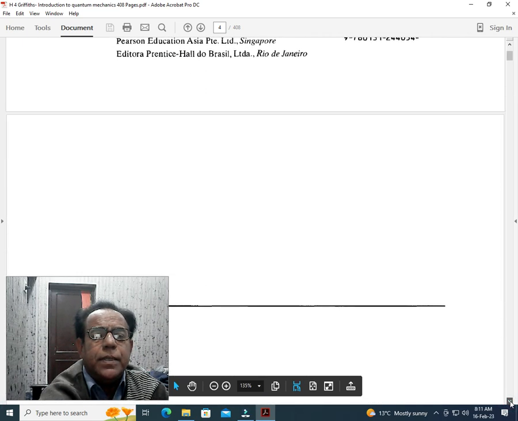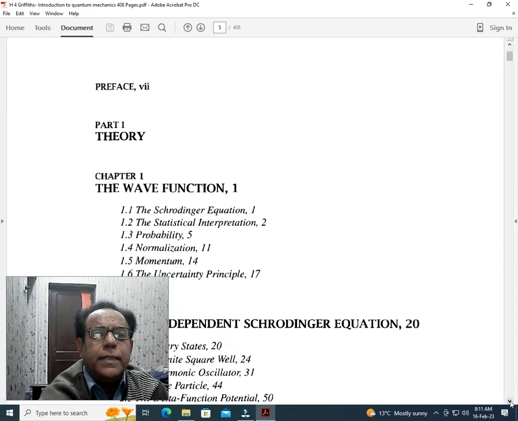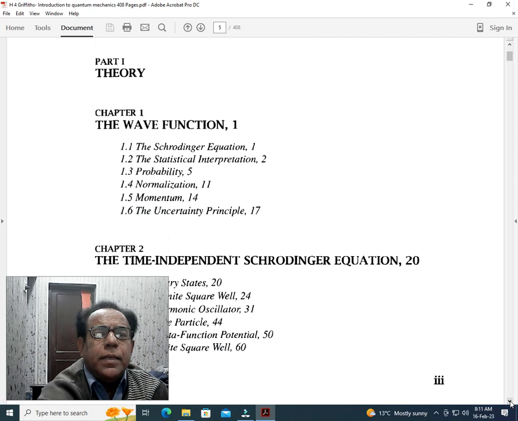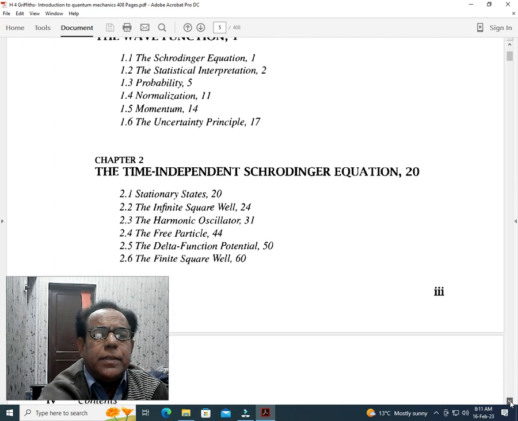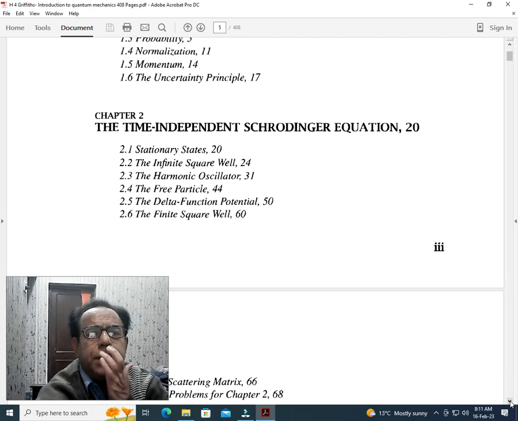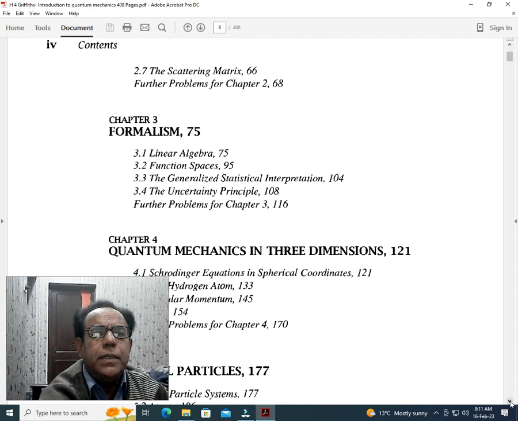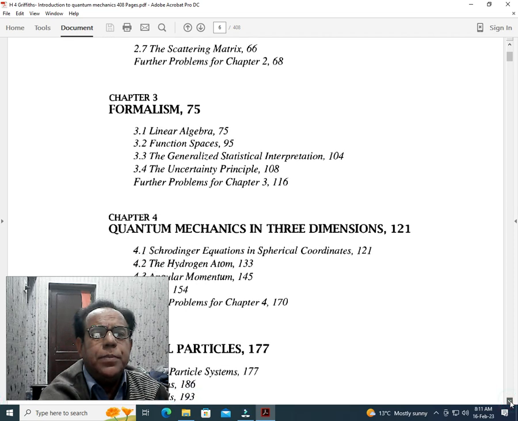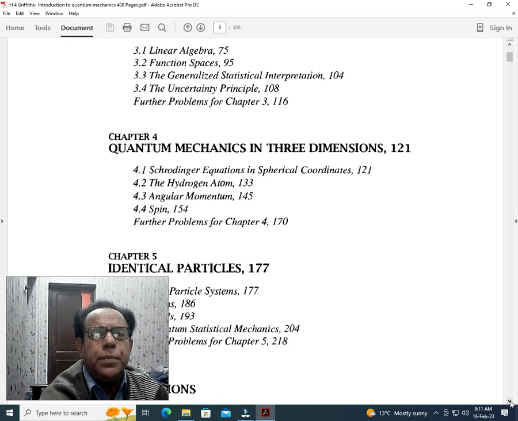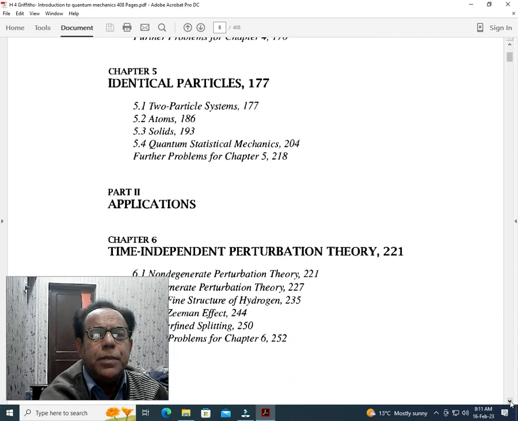It means this is an older edition. Okay. Chapter number 1, the wave function. Chapter number 2, the time independent Schrodinger equation. Chapter number 3, formalism. Chapter number 4, quantum mechanics in 3 dimensions. Chapter number 5, identical particles.